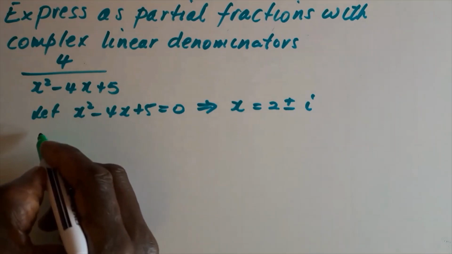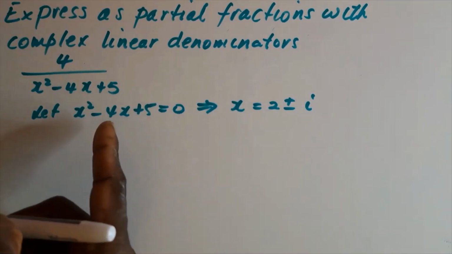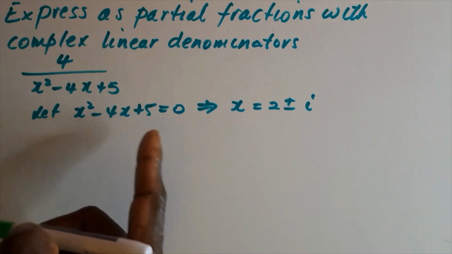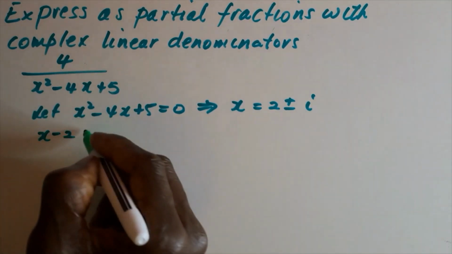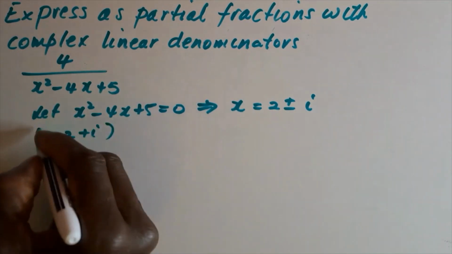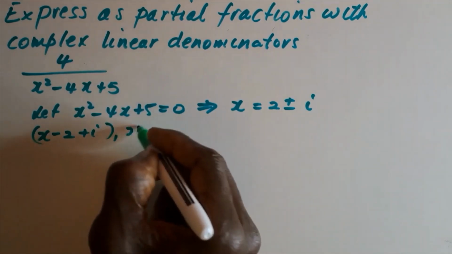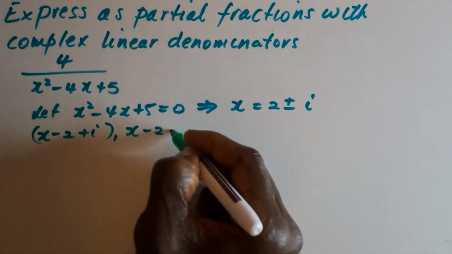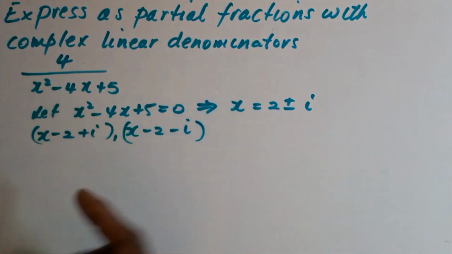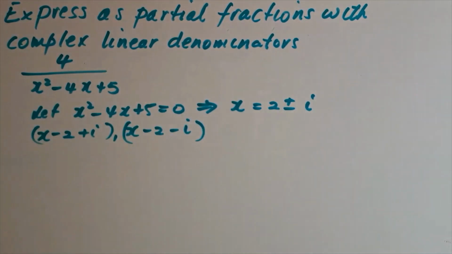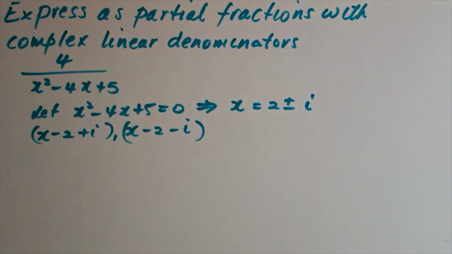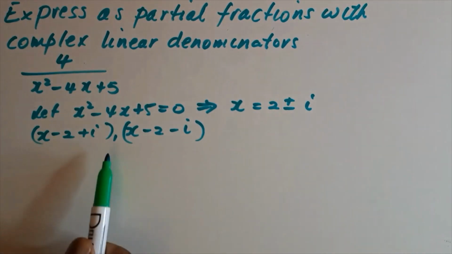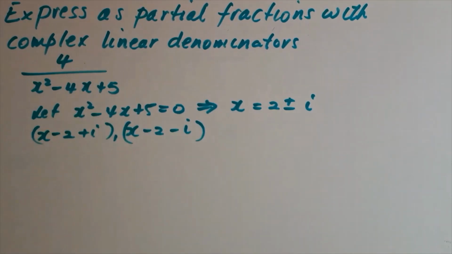So the factors of x squared minus 4x + 5 are x minus 2 + i and x minus 2 minus i. To get these factors, I did a previous video just yesterday where I use the factor theorem to determine the factors of this quadratic equation.